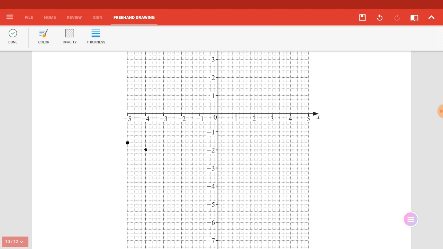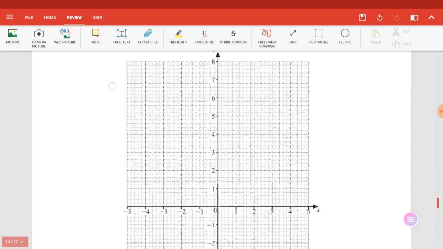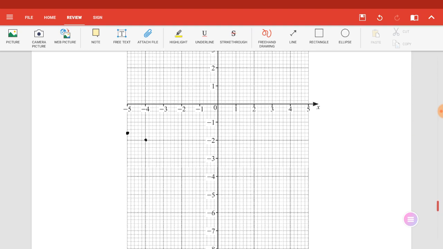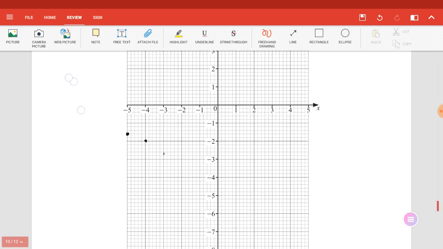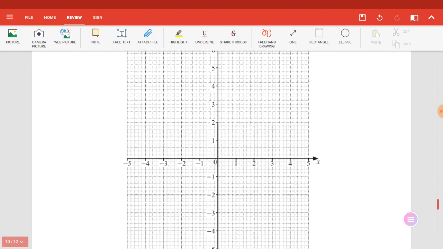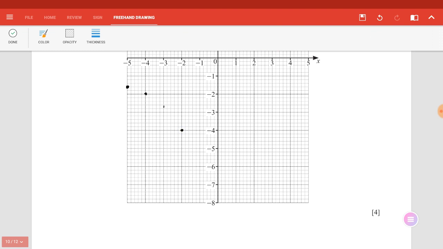Negative 3 was negative 2.7. Okay, let me make sure. Yes, negative 3 was negative 2.7. Then negative 2 was negative 4. And negative 1 was negative 8.